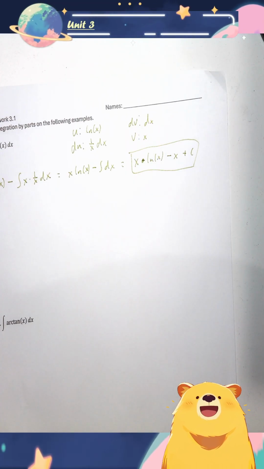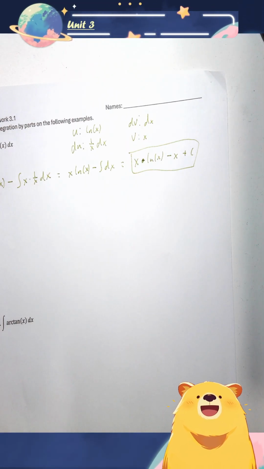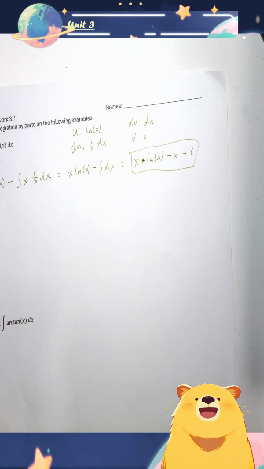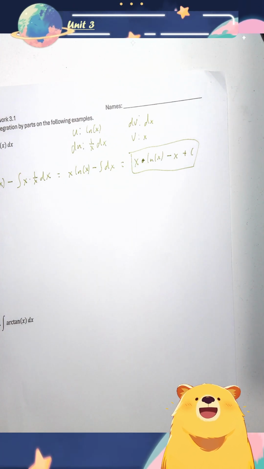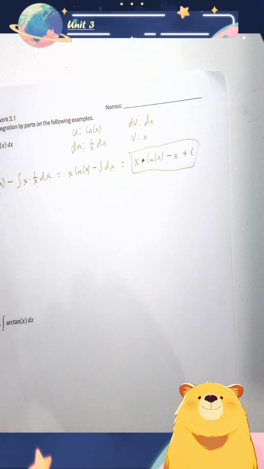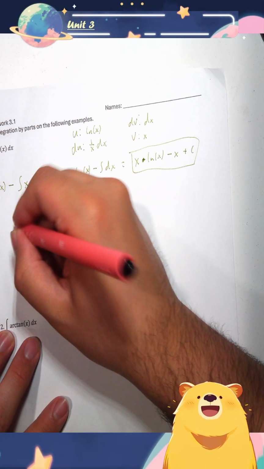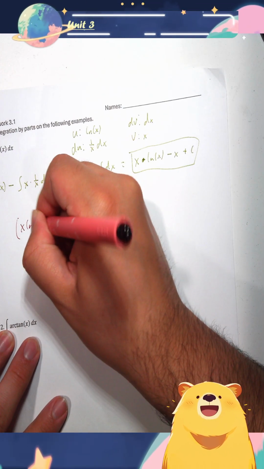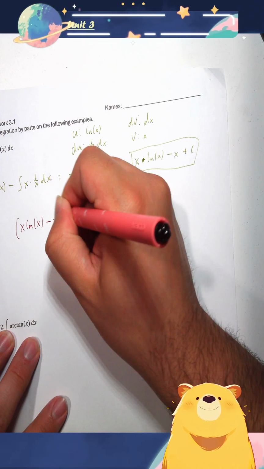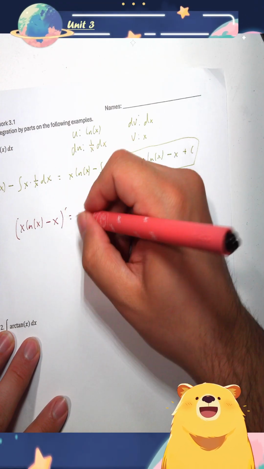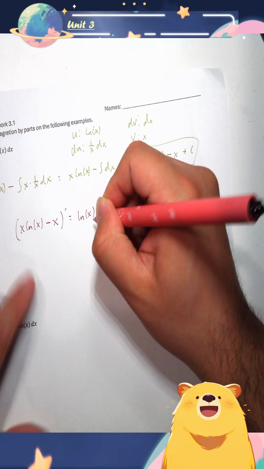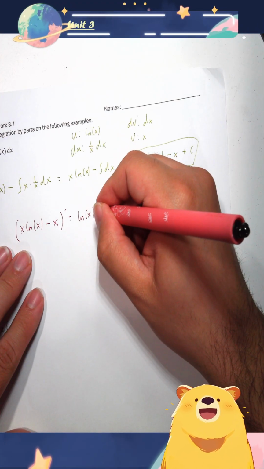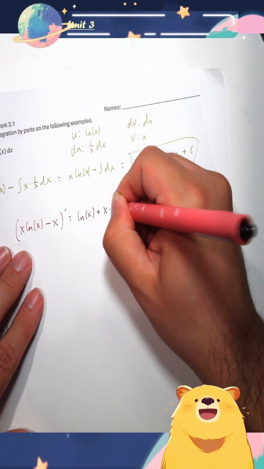Now, keep in mind the technicality I mentioned before: what if we want to double check our answer? We can quickly do that by taking the derivative of this guy. We have the derivative of x ln of x minus x. With the product rule, we first take the derivative of x, which gives ln of x, plus x times 1 over x.